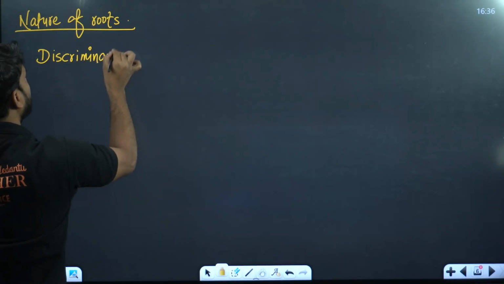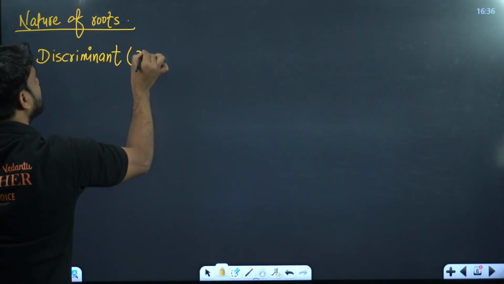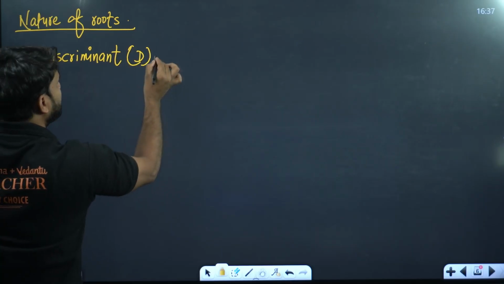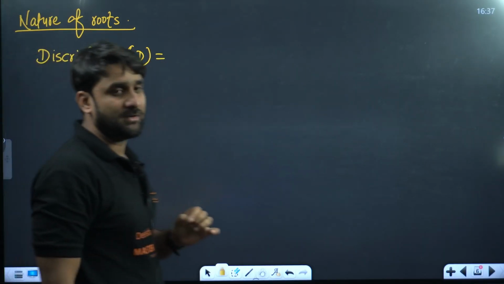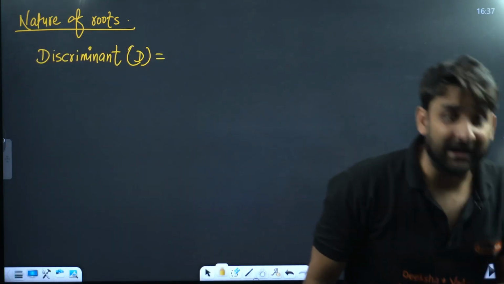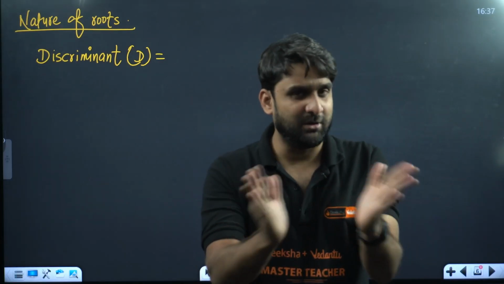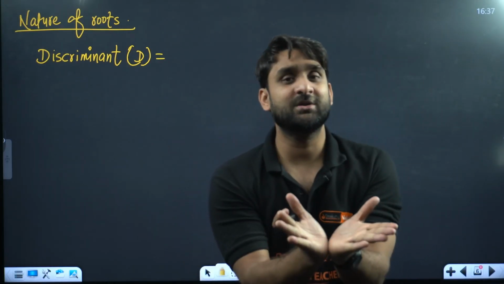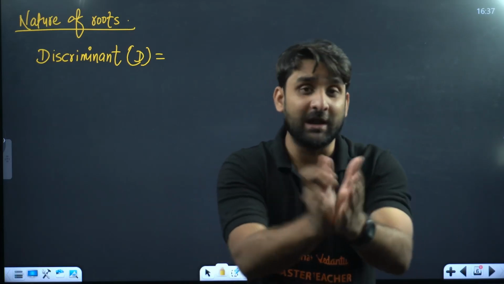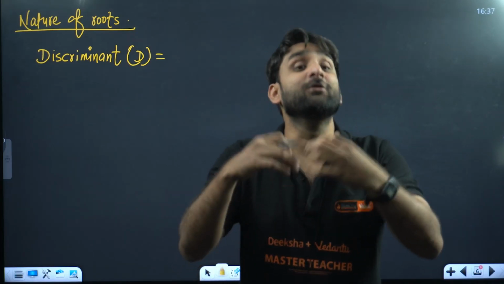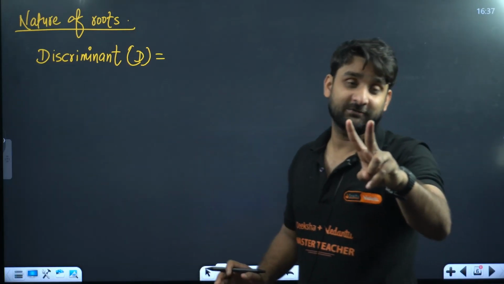Discriminant is symbolically represented by capital D. The discriminant will decide the nature of roots, whether the roots will be distinct, I mean alpha and beta are different from each other, or roots are equal, alpha equal to beta, or there will be no roots. So there are 3 possibilities.